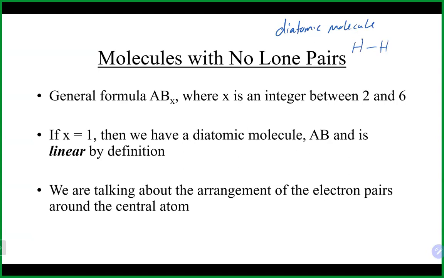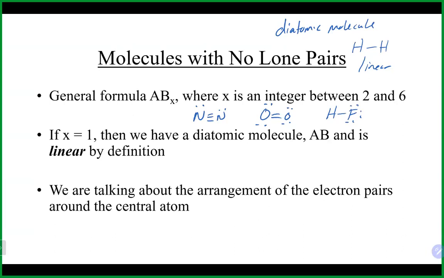So the geometry of anything that's diatomic will be linear. It doesn't matter if it's 2 of the same, 2 that are different, 2 that have a double bond, or 2 that have a triple bond. Any 2, the only geometry you could have is linear because there's no central atom. They will be connected by a straight line.